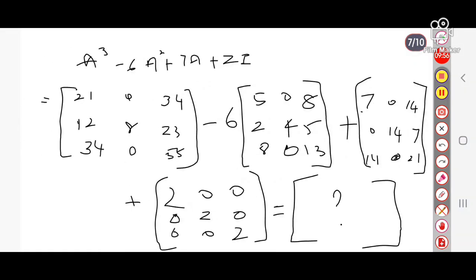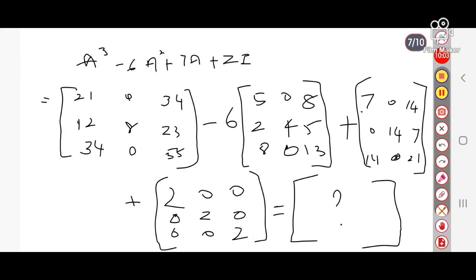Again we just write the same thing over here, or we just find the solution over here itself by multiplying the 6 into the A square.